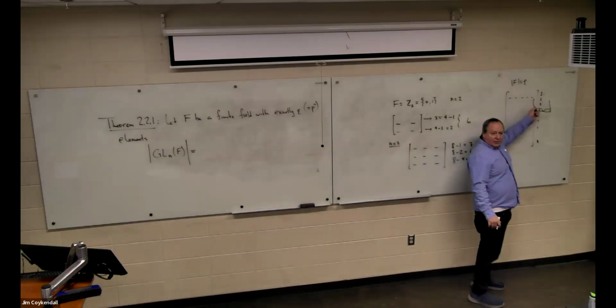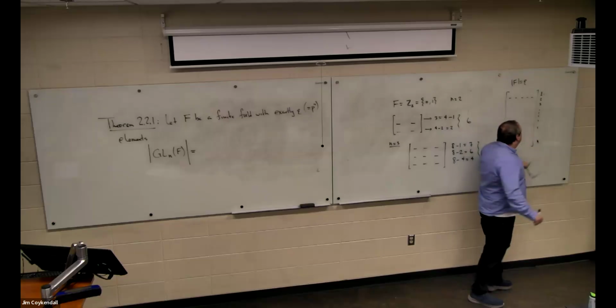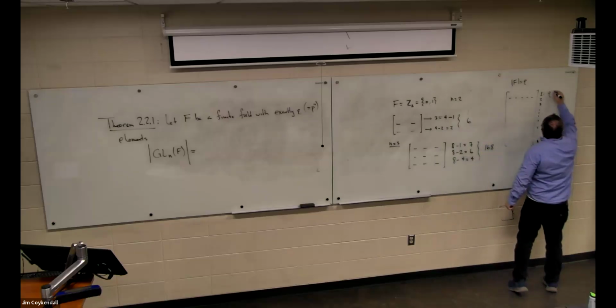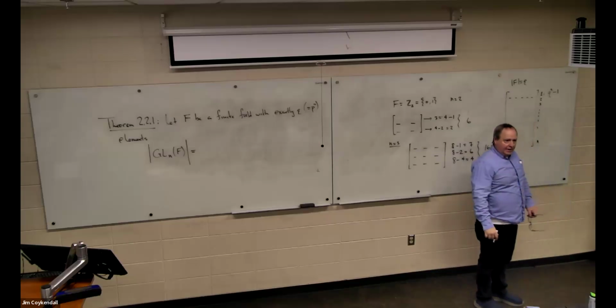Everybody agree we've got N entries here, right? Each of those entries could be filled by any of these Q elements, right? So there's Q to the N choices for the first row. Can't have the 0 row. Everybody agree with that?